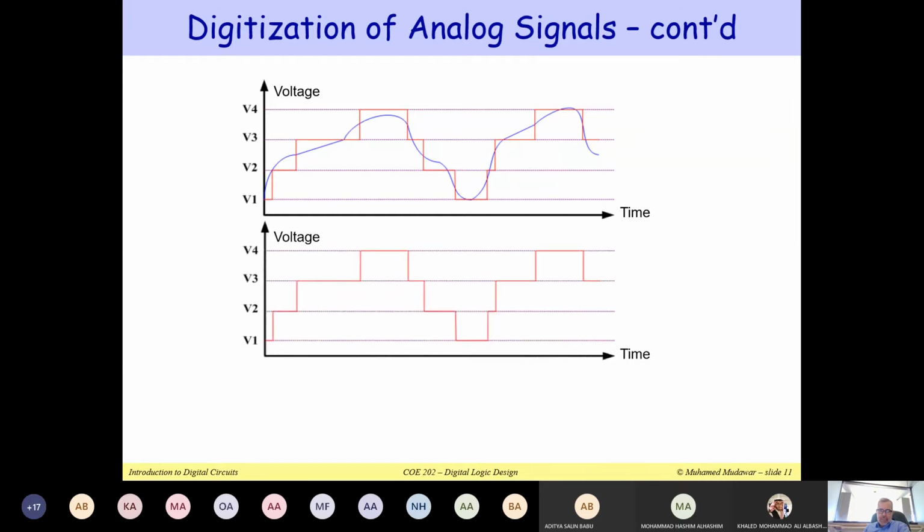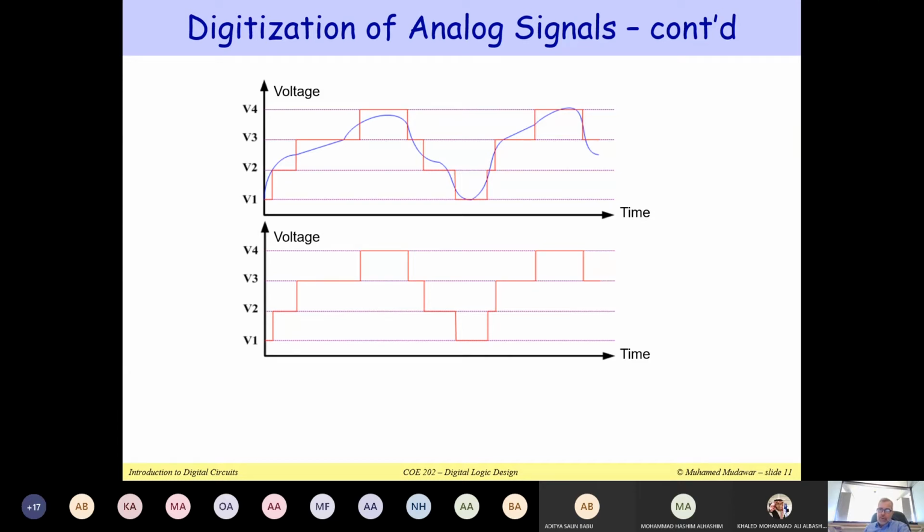So after digitizing it, it becomes as shown below. Now we have converted the analog signal into a digital signal. So it can be V1, V2, V3, or V4, but nothing in between. Only these 4 possible voltage values.